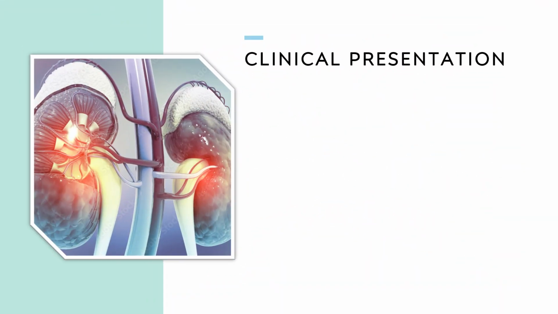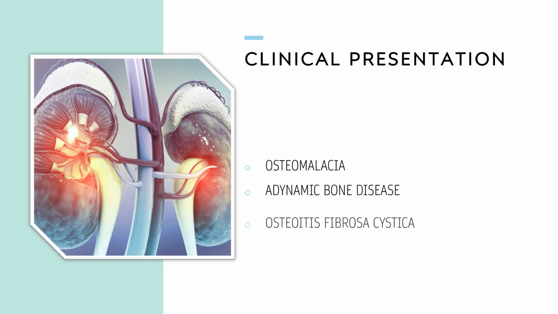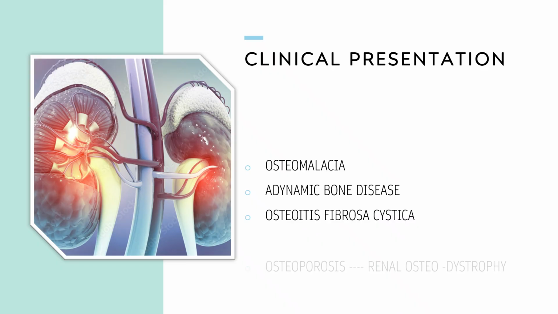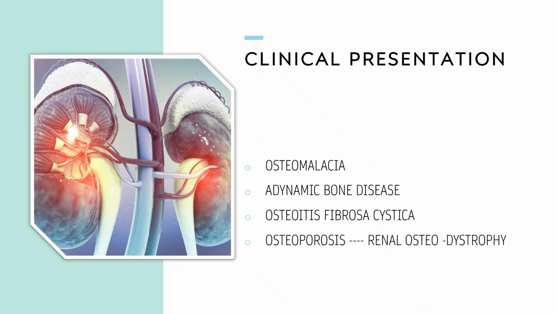So let's see the final thing we found from the pathophysiology, that is osteomalacia. It's a clinical presentation of CKD as we discussed in the scenario. And adynamic bone disease is occurring because of excess vitamin D and calcium treatment. Osteomalacia, osteitis fibrosa cystica, and osteoporosis will lead to renal osteodystrophy.